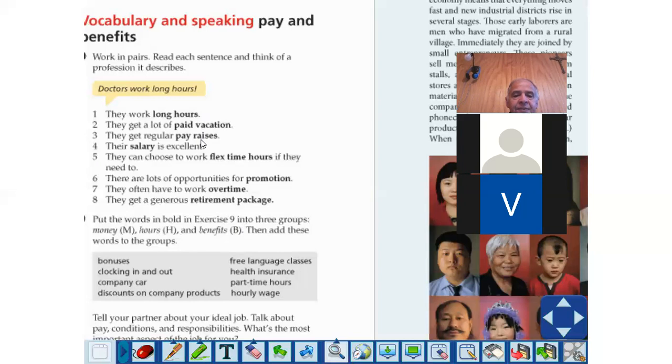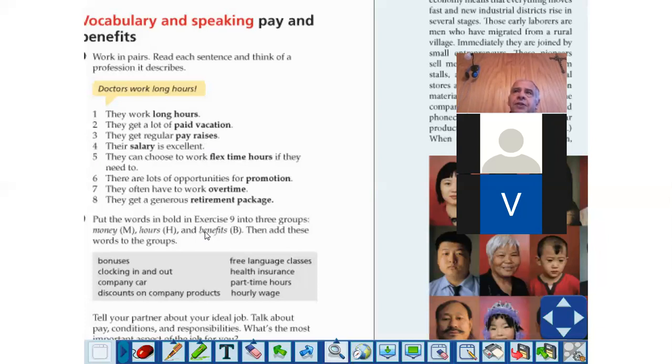Pay raises. Money. Could be money or could be benefits, because the regular pay raises, that's good too. Salary. Money. Flex time hours. Hours and benefits, I would say, because having flex time is good for you.